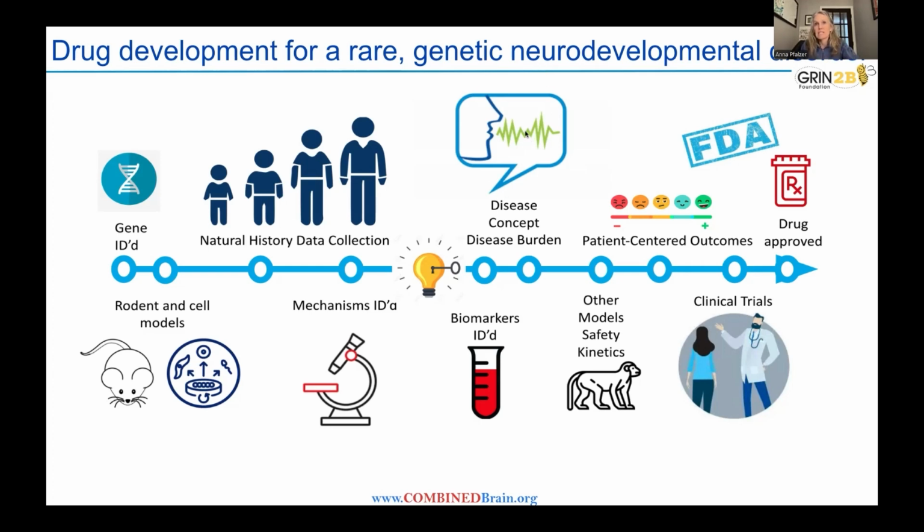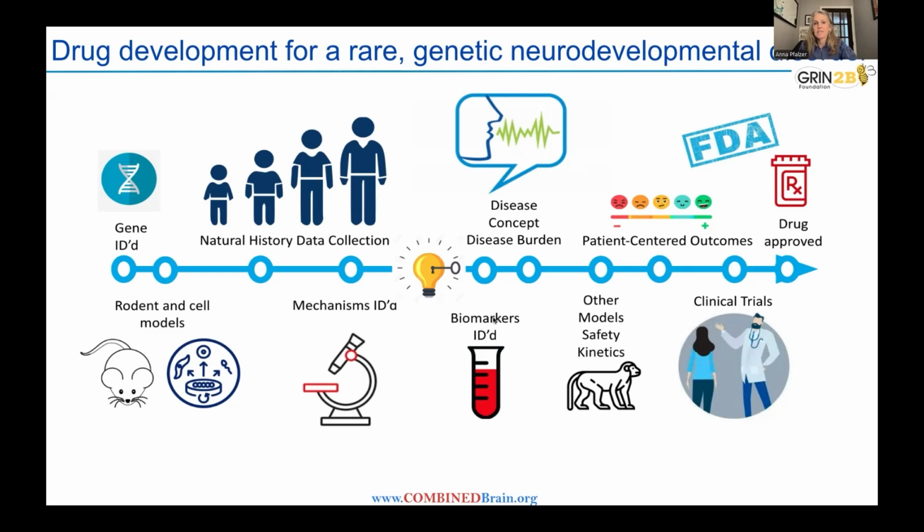And this study is really critical, and this is also one that is directly tied to community involvement. The symptoms that are reported here through caregiver interviews, these are the symptoms that should be used as outcome measures for clinical research or potentially clinical trials in GRIN2B related disorder.